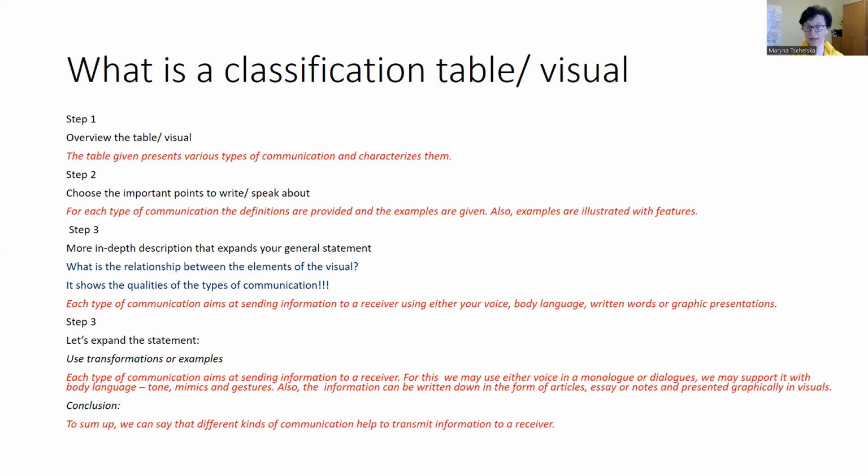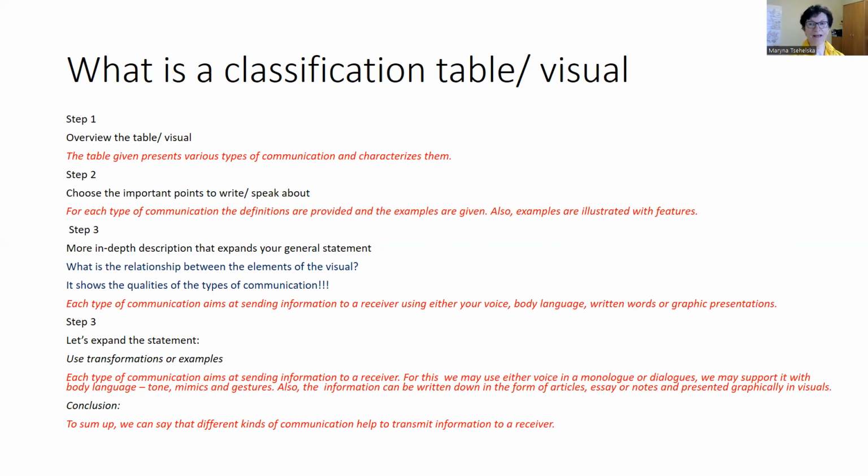Each type of communication may use voice in a monologue or dialogue. We may support it with body language, tone, mimics, or gestures. Also, the information can be written down in the form of articles, essays, or notes and presented graphically in visuals. To sum up, we can say that different kinds of communication help to transmit information to a receiver.